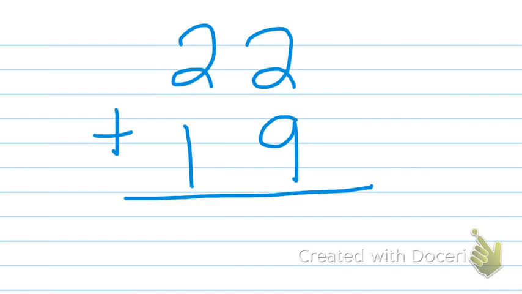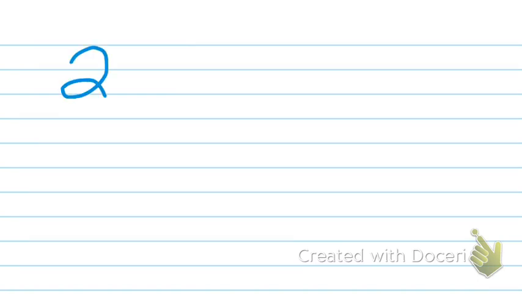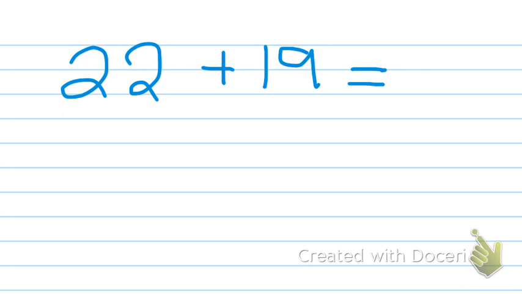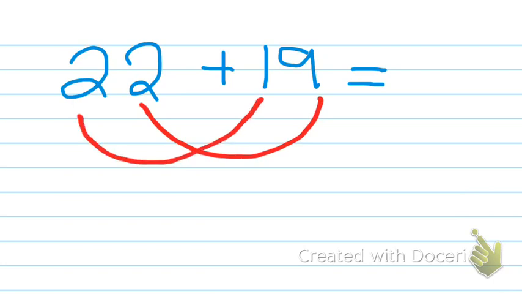Alright, now that you're back with me, I am going to go ahead and solve this problem. The first one that I'm going to do is combining the tens and ones. For this strategy, remember, we use a horizontal addition sentence. So I'm going to put my ones with my ones and my tens with my tens.